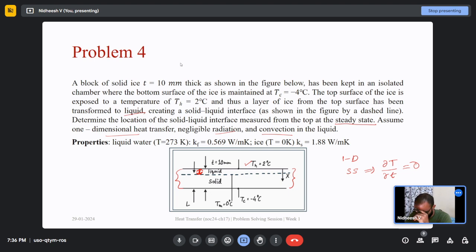Sir, Q is equal to m Cp delta T, equate to Fourier law, k A dT by dx. Do we know all those values?